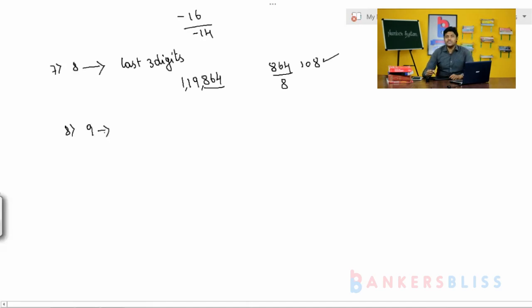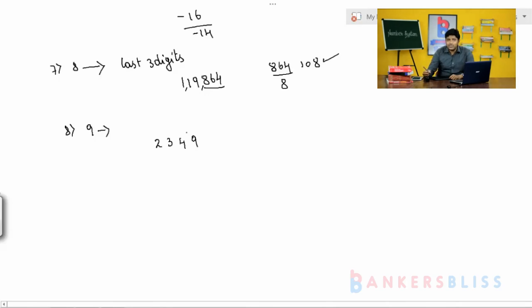If the number should be divisible by 9, how should the number be? See here, the rule or the principle you adopted for 3, the same rule you have to adopt here also, but in the end the resultant sum should be divisible by 9. For example, I am taking the number 2349.